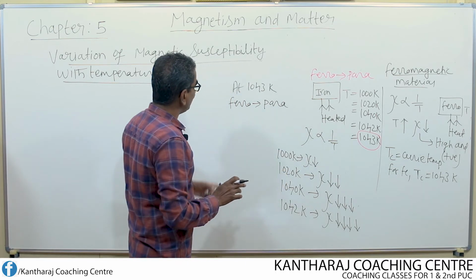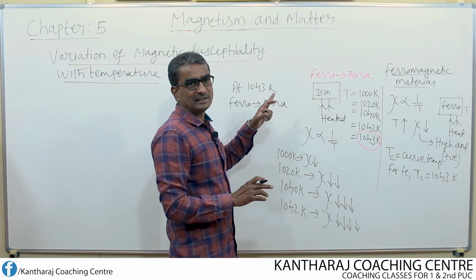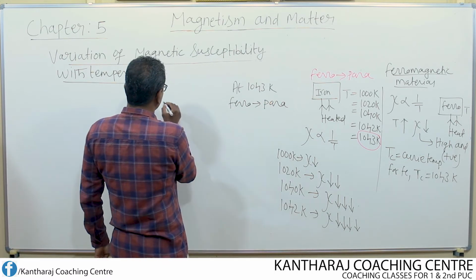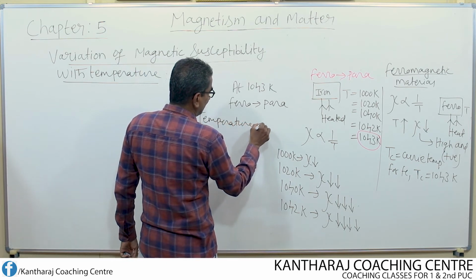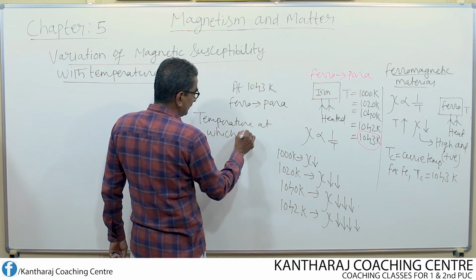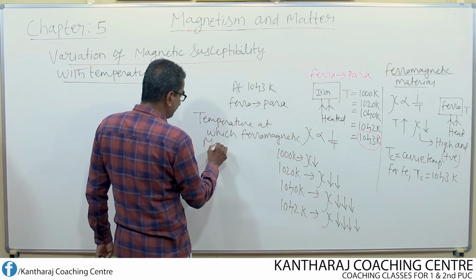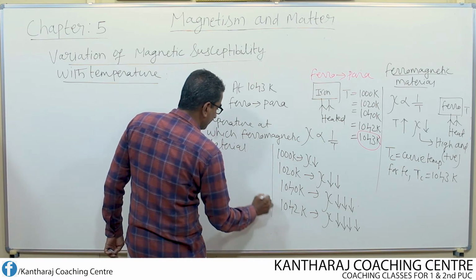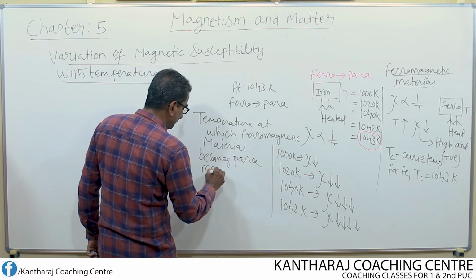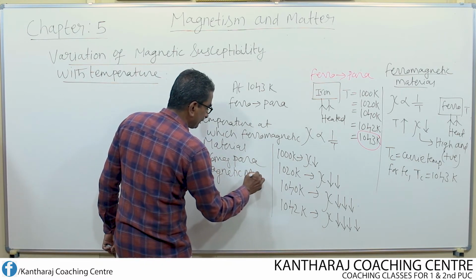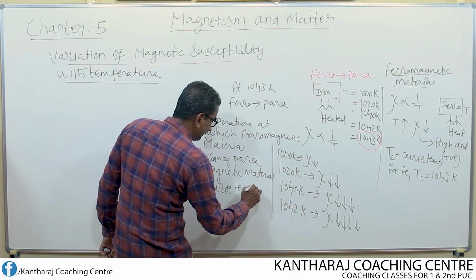That is why we say that the temperature at which the ferromagnetic material becomes paramagnetic material is known as Curie temperature, represented by Tc.